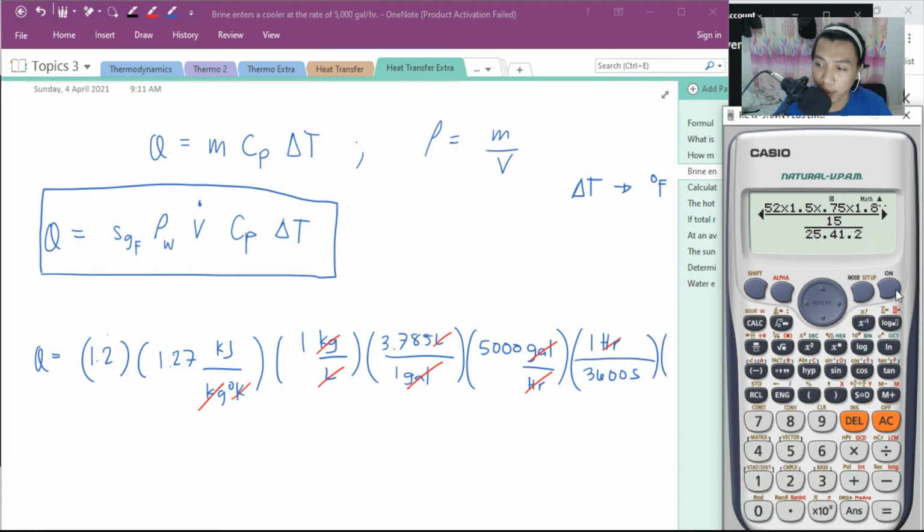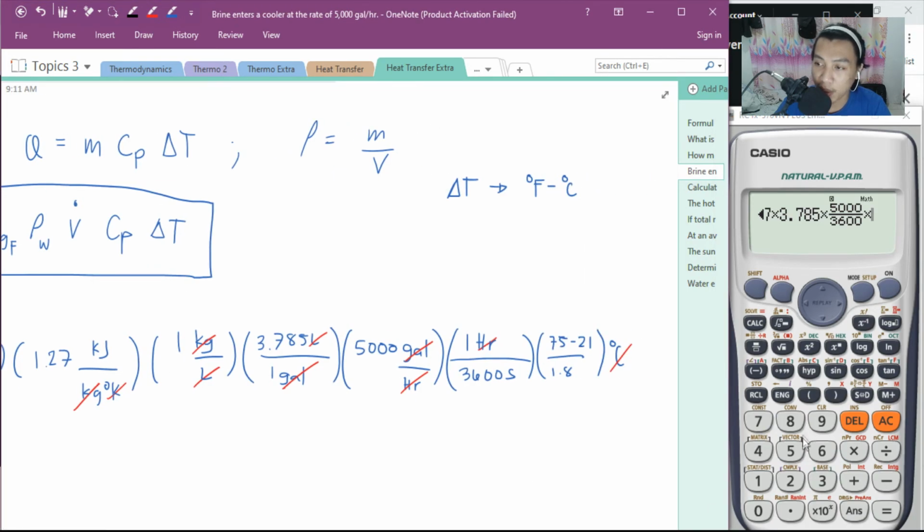1.2, dito na, tuloy natin. 1.2 times 1.27 times 3.785 times 5,000. I-divide mo ng 3,600. And then, i-multiply mo ulit ng, nandito sa dulo, 75 minus 21 divided by 1.8.